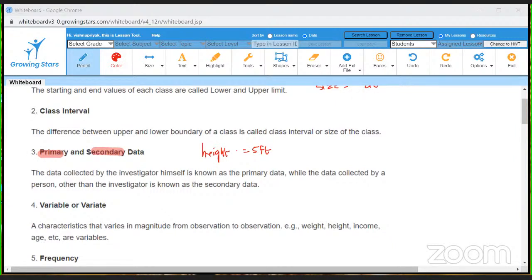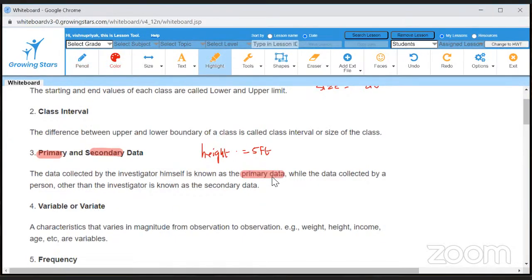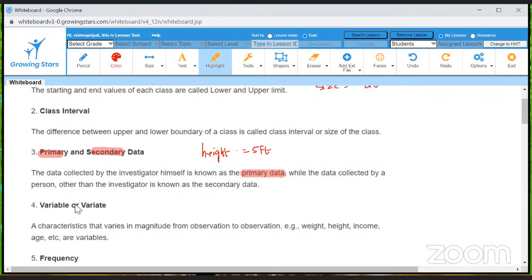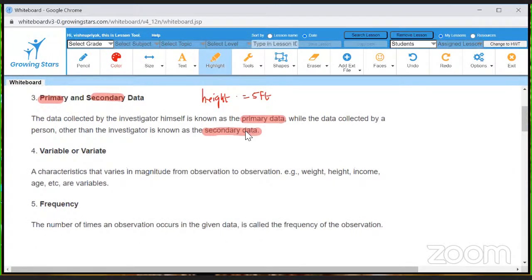Height is 2 feet. Height is 6 feet. Like that, if you measure and write it in a book, that is called primary data. But after taking this list, when you investigate it, analyze it, study it, that will become the secondary data. This chapter carries 7 marks. Statistics chapter carries 7 marks questions.